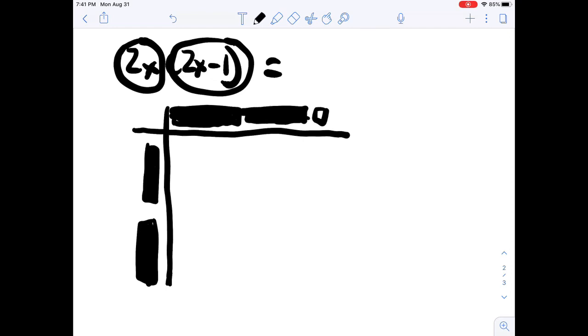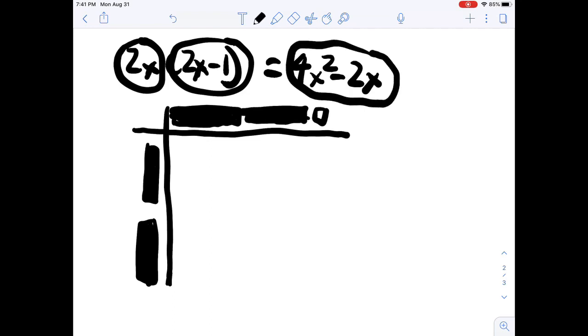So we're going to distribute the 2x to both the 2x and the negative 1. And so we get 4x squared minus 2x. And this is what we're now going to draw in the center of this algebra tile diagram.